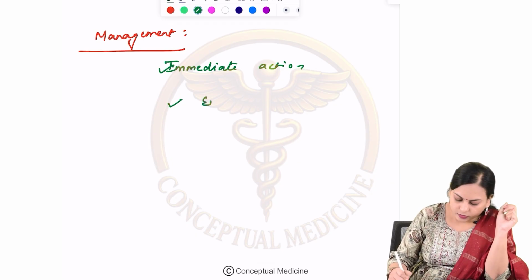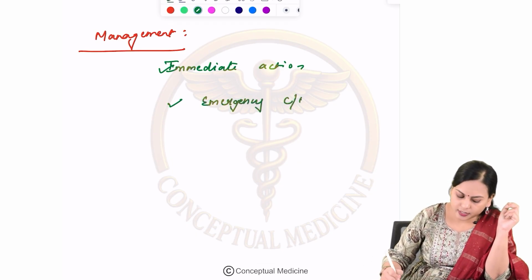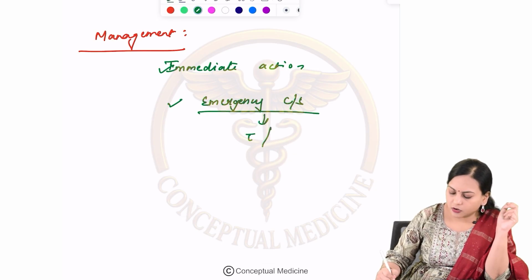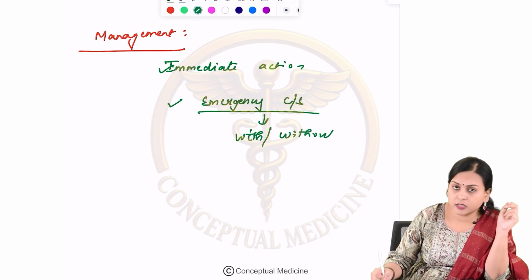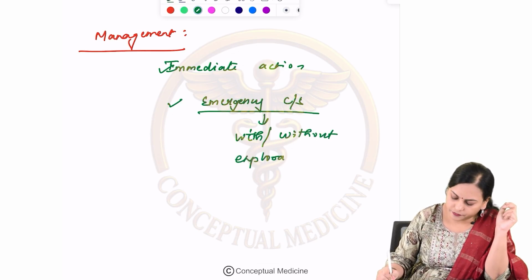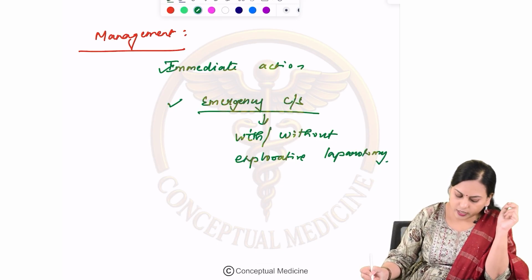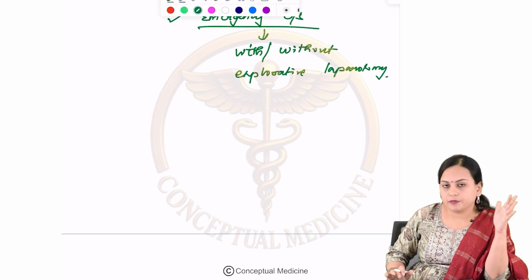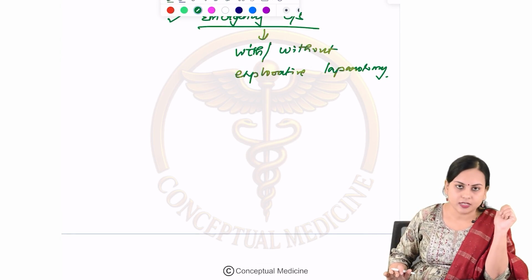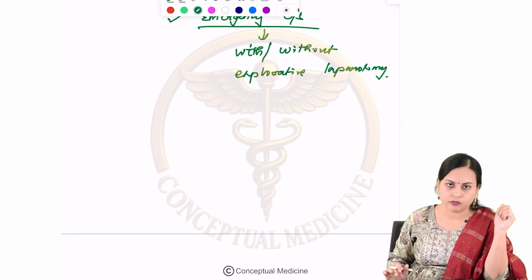Then, what is the surgery you will do? You will do an emergency cesarean section with or without explorative laparotomy. Okay, and simultaneously you have to treat the maternal hemorrhage that is happening also, right?